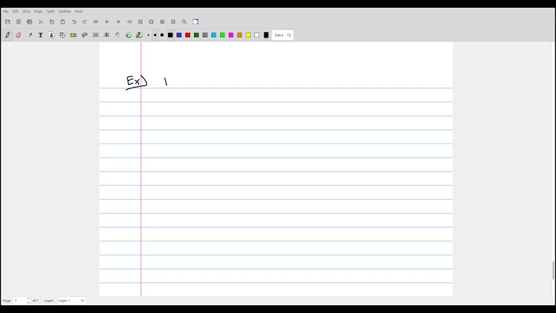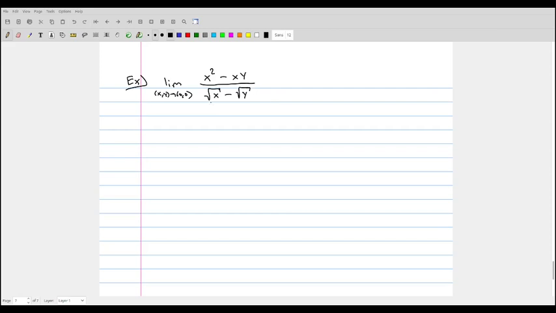Consider the example, the limit as (x, y) goes to (0, 0) of x squared minus xy over the square root of x minus the square root of y.